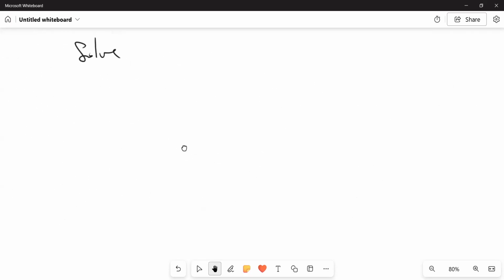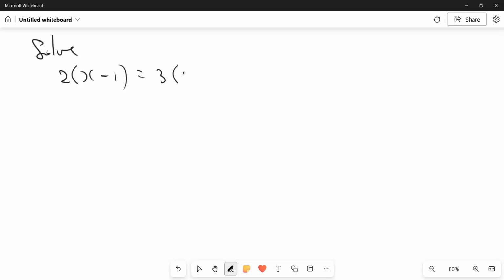Take one more, let's say you have something like this. 2 bracket x minus 1 equal to 3 bracket x minus 2. For the sake of simplicity, let me put a 3 over here and a 2 over here.